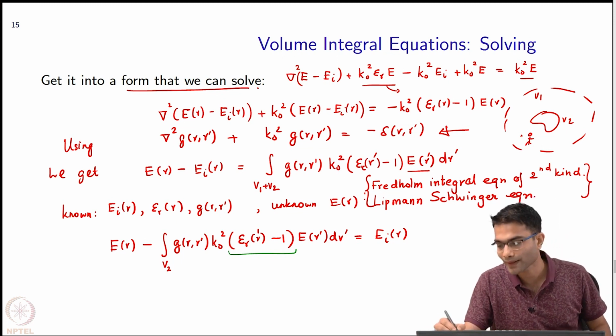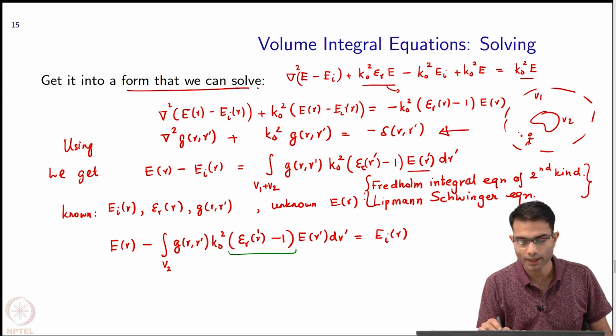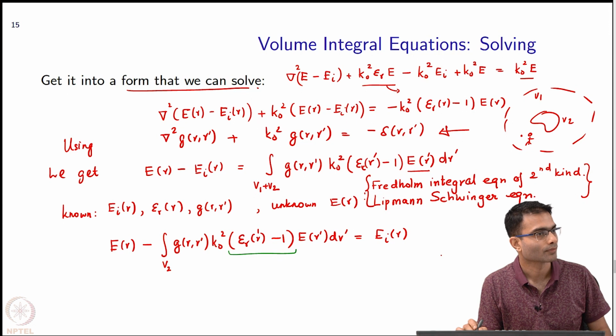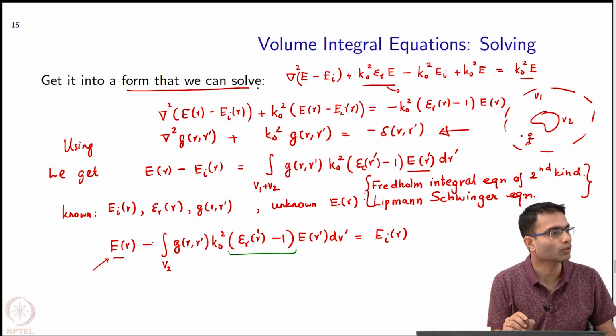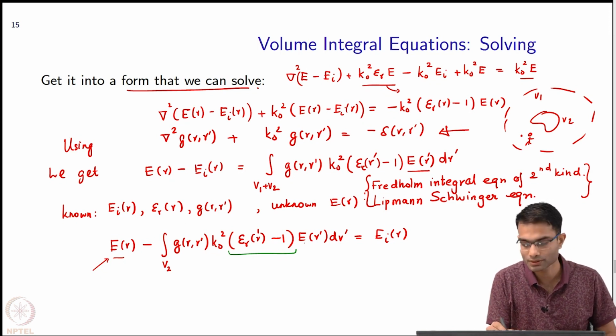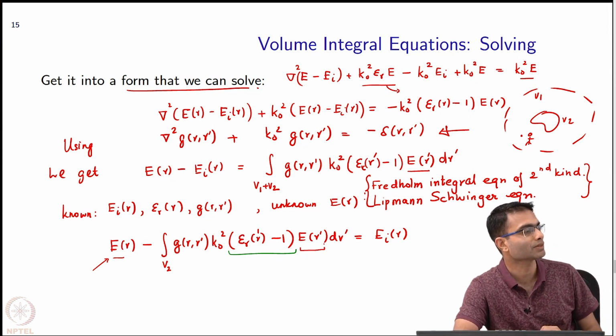So, if I plug in a value of R belonging to V1, what is the problem with this equation? Supposing I put R equal to some point inside V1 here. I will get an expression for ER equal to EI plus this term over here. In this term, I do not know one quantity, which is the electric field inside V2.